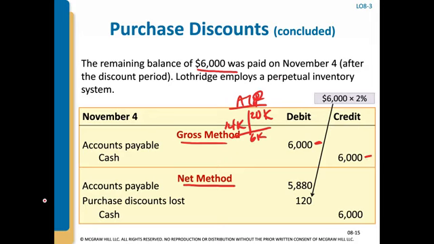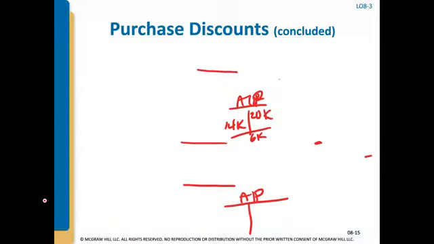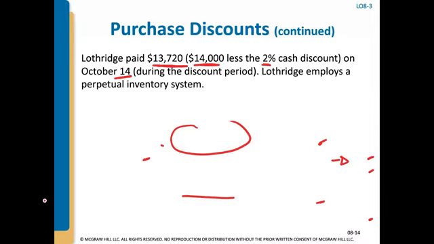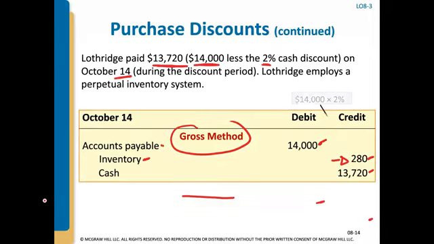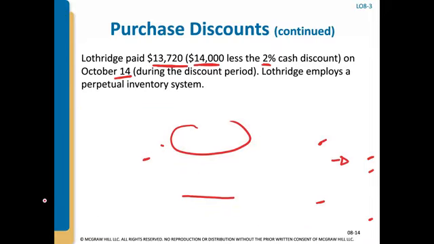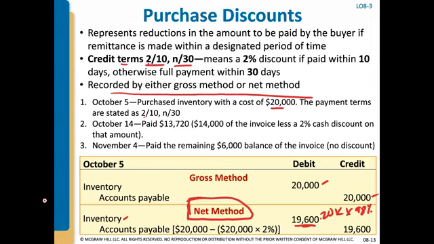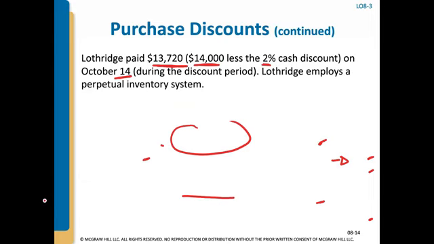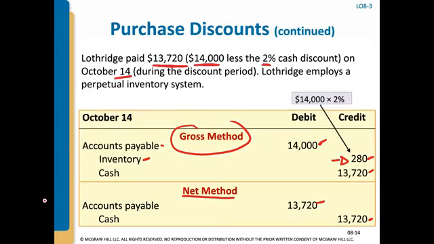Under the net method, what did I book for my accounts payable originally? Sorry, under the net method, my accounts payable was 19,600 that I booked originally, credit. And then I debited 13,720.